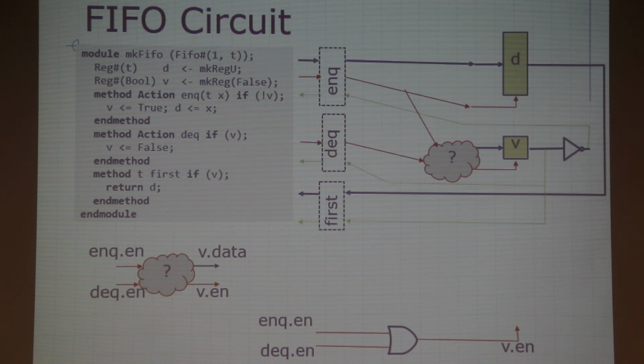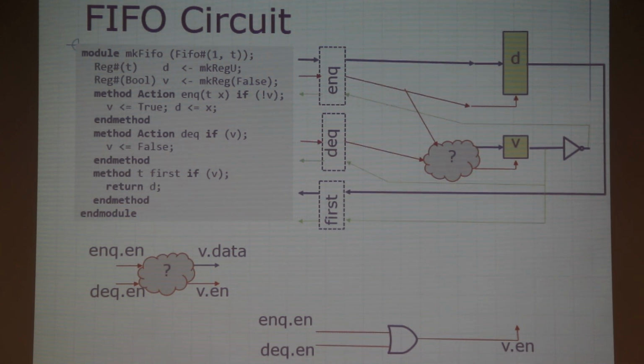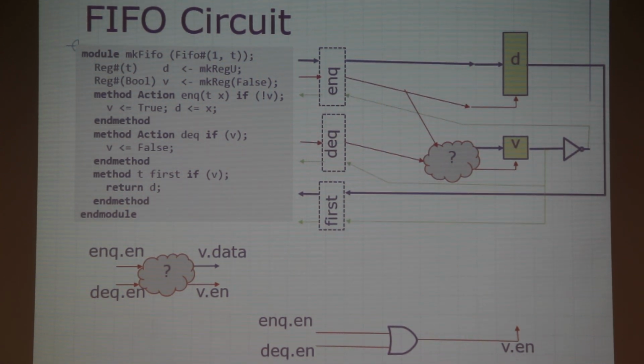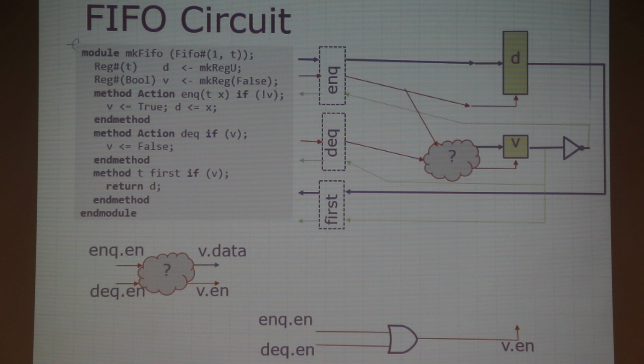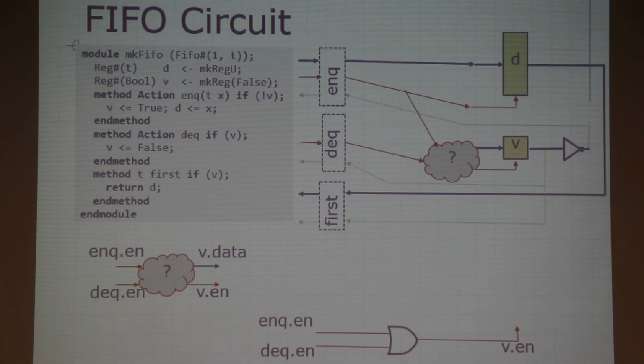Because the ready signals are mutually exclusive in this FIFO, right? One is V, one is not V. So therefore, their ready signals can never be true at the same time. But if they were true simultaneously, hell will break loose, right? So that's the topic of the next lecture.